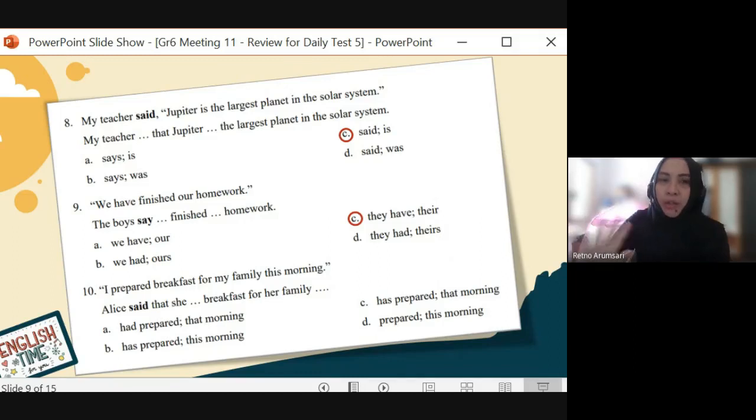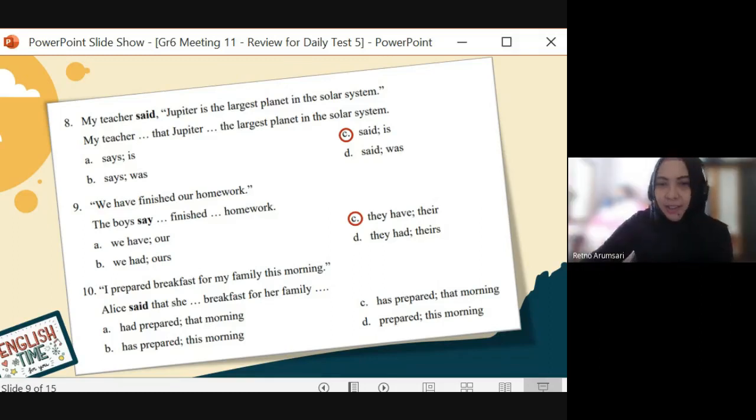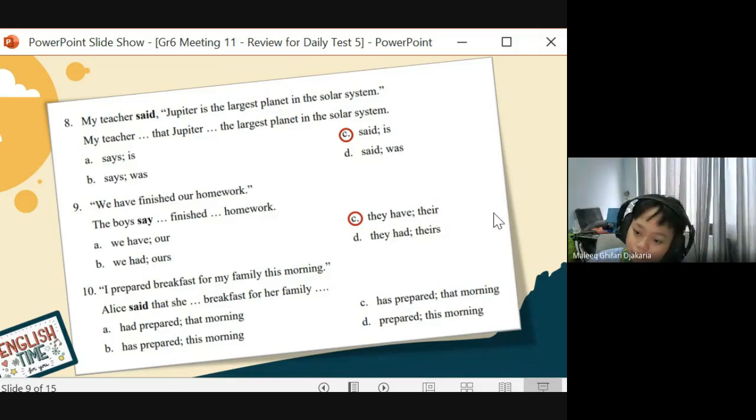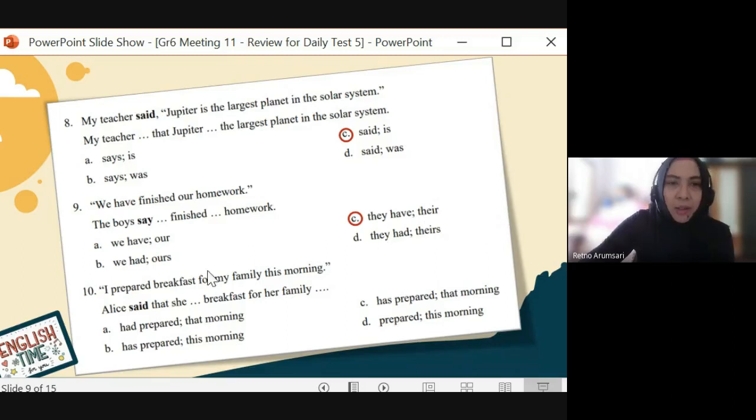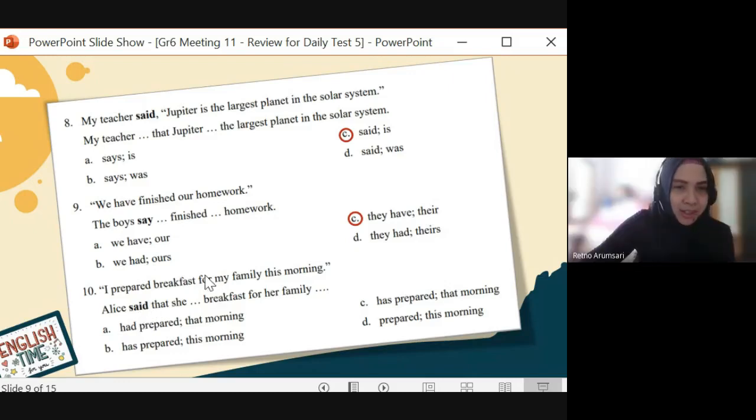You never use has or have, because all has and have are turned into had. Okay, so which one is it, Malik? Number 10. Is it C? No, it's not C.